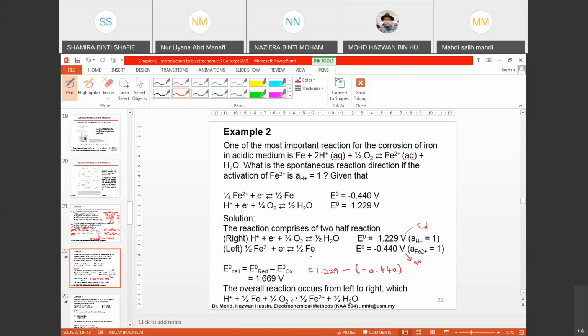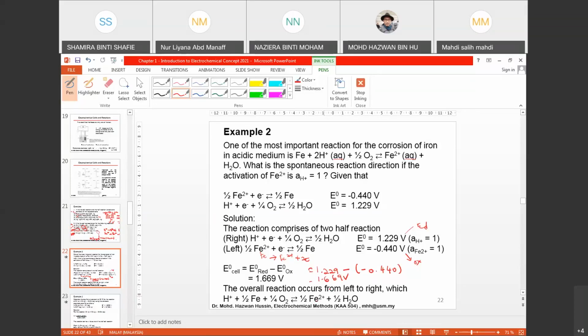Don't change the sign just because the half equation is now Fe becomes Fe2+ plus 2 electrons. For this formula, you just use it as it is in the reduced form, and you will get minus with minus is equal to plus 1.669 volt. So the overall reaction occurs from left to right.